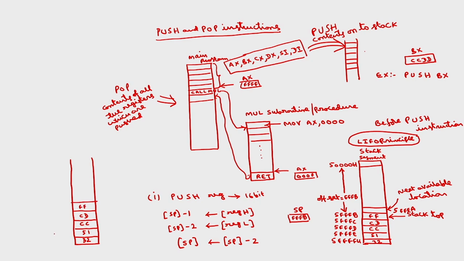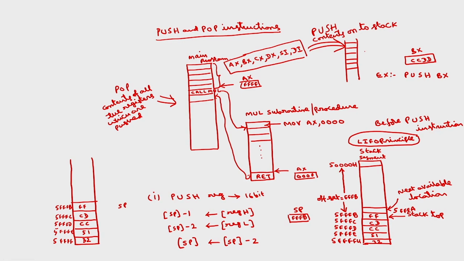So the locations are 5444F, and this is 5FFFE, 5FFFD, 5FFFC, 5FFFB. So the stack pointer was here initially; the stack pointer contents was this FFFB.